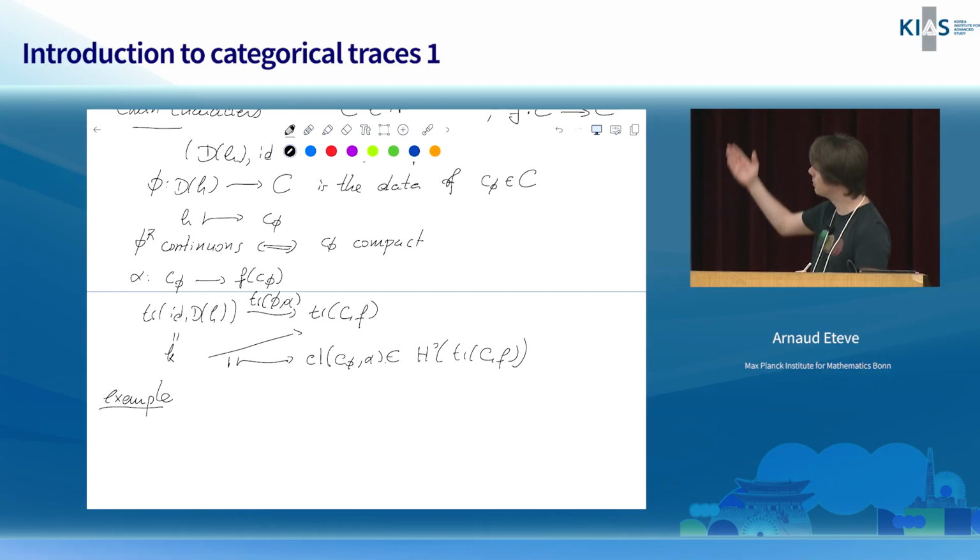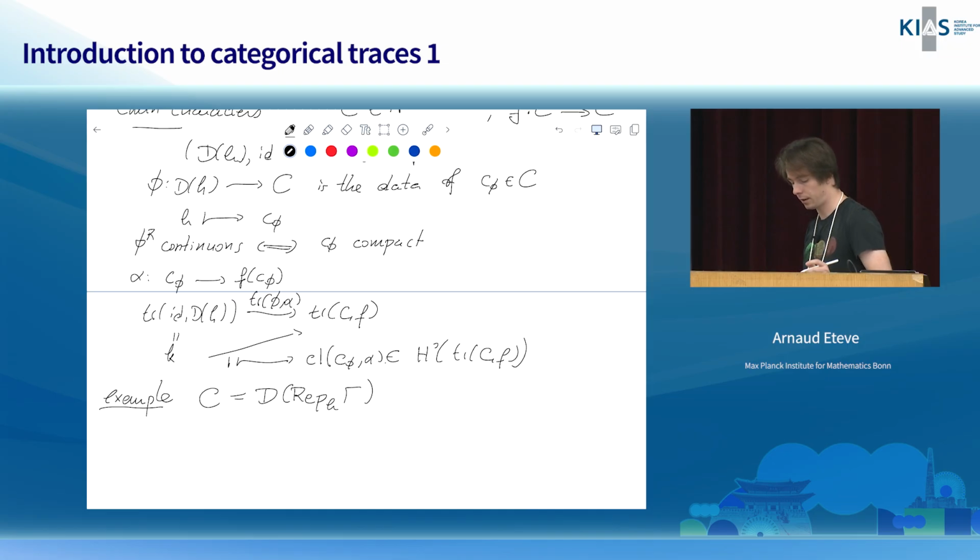So, an example of this construction. We'll take C to be the category of representations, or the derived category of representations, of a finite group gamma. And we'll assume K has characteristic 0.